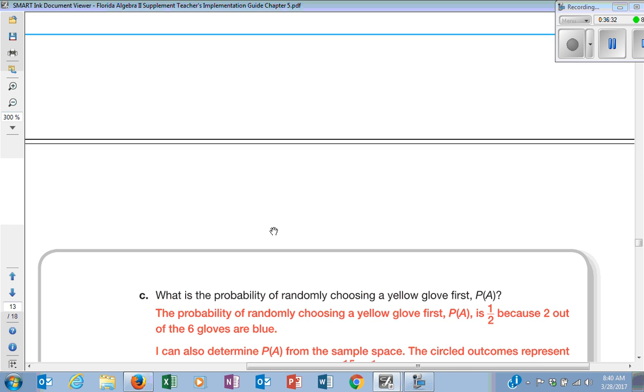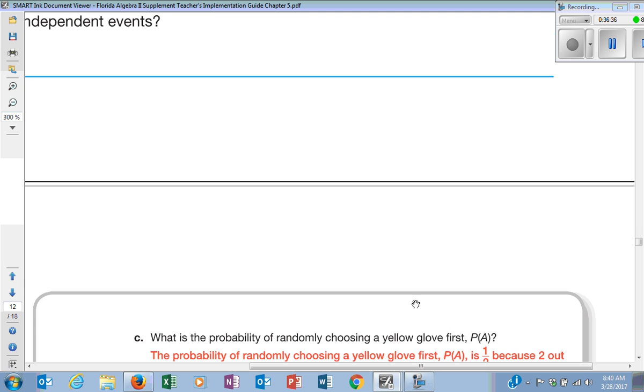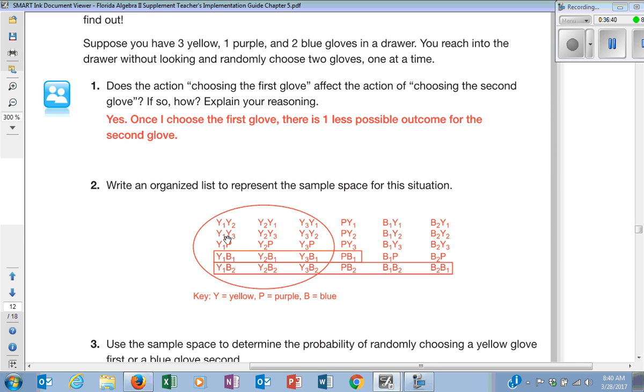Now it says, what is the probability of randomly choosing the yellow glove first? Well, if we go up here, how many yellow gloves are first? Well, this would be 15 out of how many total are there? Why does it make sense that there's 30 events here? How many gloves do I have to choose from the first time? 6.